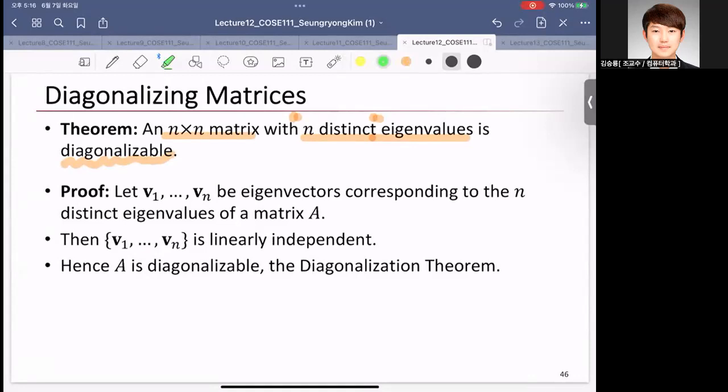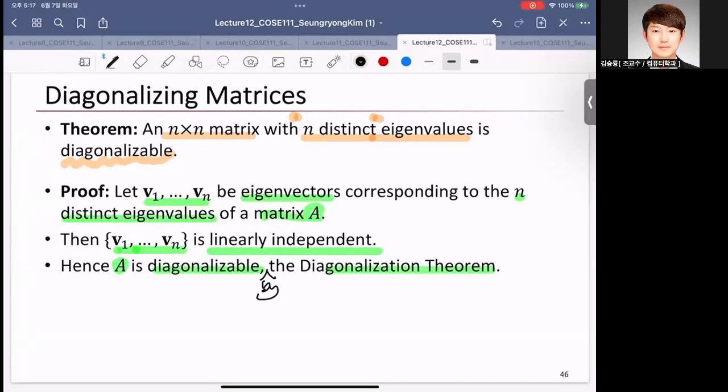Let V1, V2, ..., Vn be the eigenvectors corresponding to the n distinct eigenvalues of matrix A. Then, first of all, V1, V2, ..., Vn are linearly independent. Hence, matrix A is diagonalizable by the diagonalization theorem we discussed last week.